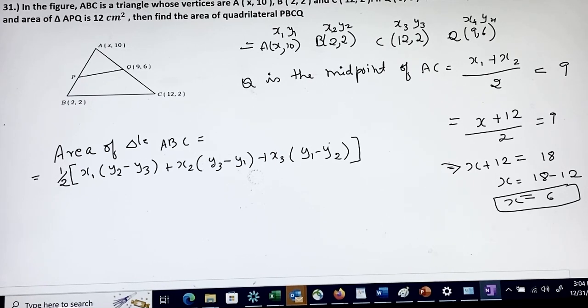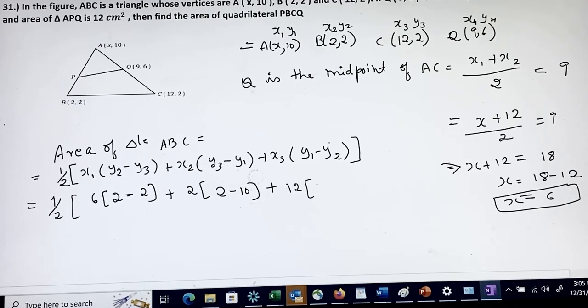Okay. Now we have written the triangle formula, area of triangle ABC. Now we need to replace the value with this equation. So what is the x1 value? x1 is nothing but 6. y2 is 2. y3 is 2 plus x2 is 2. y3 is 2. y1 is 10 plus x3 is 12. y1 is 10. y2 is 2.